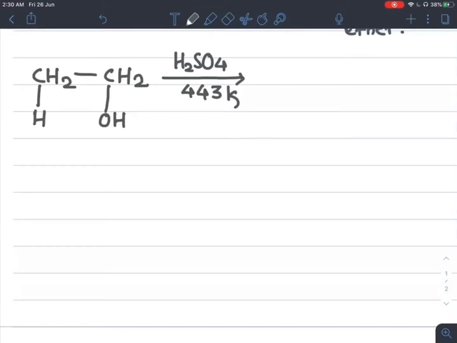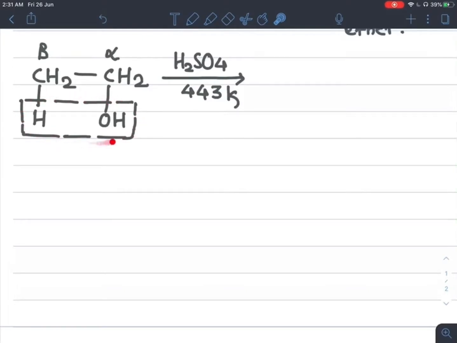The carbon to which the functional group OH is attached is called the alpha carbon, and the adjacent carbon, the nearest carbon attached to the alpha carbon, is the beta carbon. And alpha beta elimination takes place, means from the alpha carbon OH is removed, and from the beta carbon H is removed, and H2O is eliminated, that is dehydration.